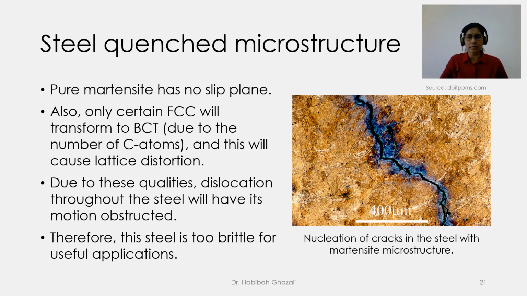As you can see in this microstructure here, nucleation of cracks in the steel with martensite microstructure happens. So we basically cannot use them at all. That is where the second step, tempering, will make a lot of difference. The second step of this heat treatment is what we call tempering.